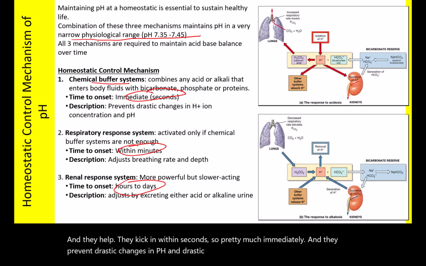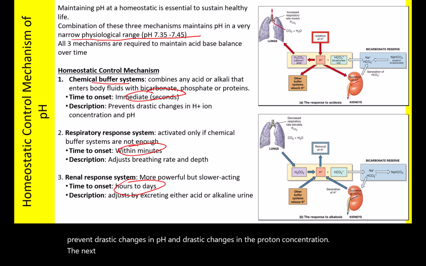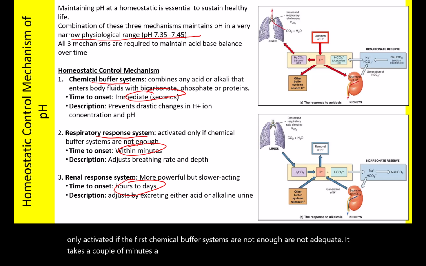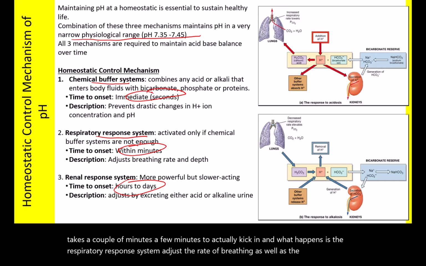in the proton concentration. The next homeostatic control mechanism is the respiratory response system. This is only activated if the first chemical buffer systems are not adequate. It takes a few minutes to actually kick in. And what happens is the respiratory response system adjusts the rate of breathing as well as the depth of breathing.